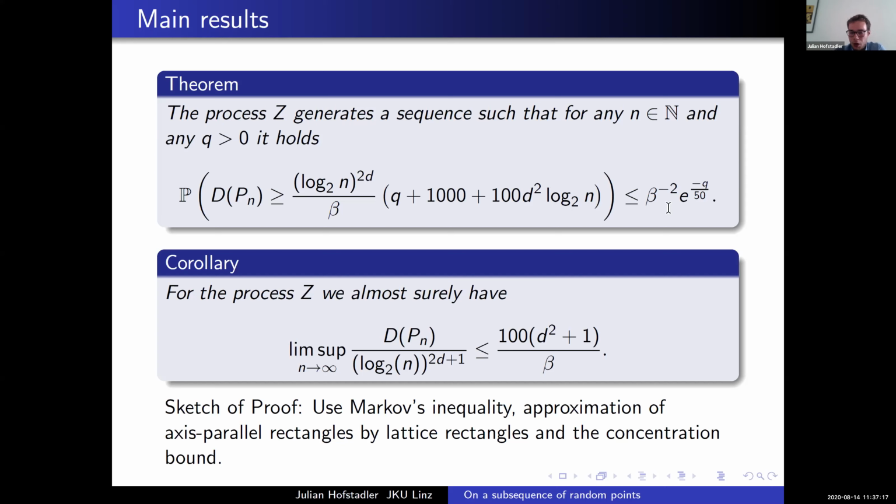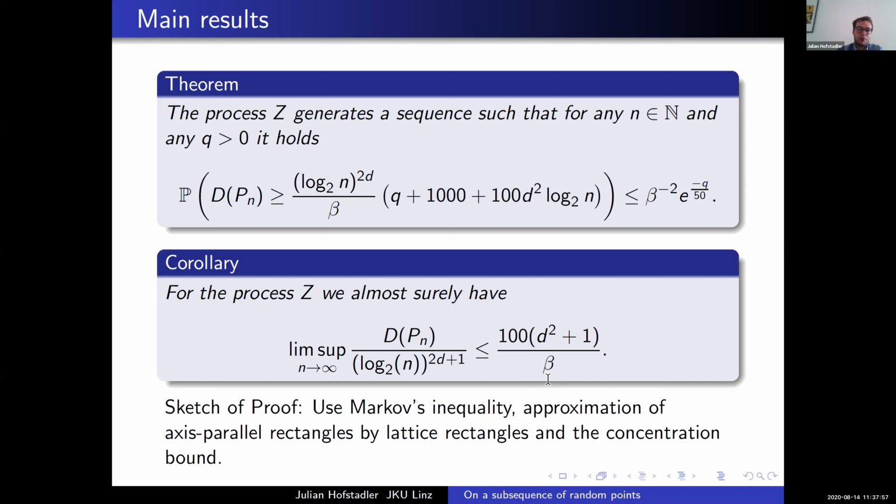An immediate consequence of this result is the next result, which is an asymptotic bound. Namely, if we consider the ratio of the discrepancy divided by log n to the 2d plus 1, and we have a look at the asymptotics, we can bound it from above by, in fact, a constant depending on d and beta. So it only involves the kind of thinning we did, where beta comes from, and the dimension.